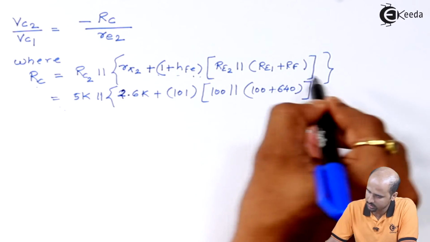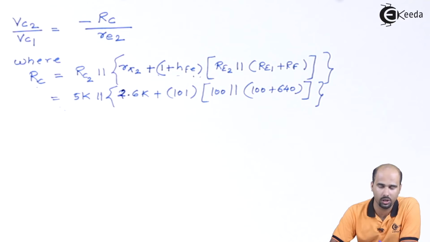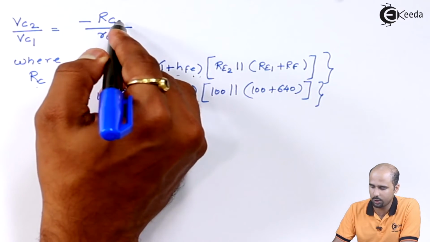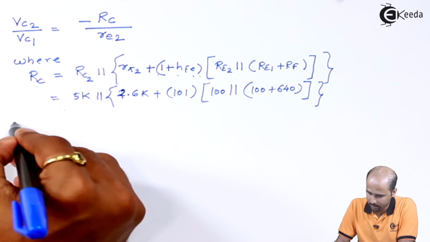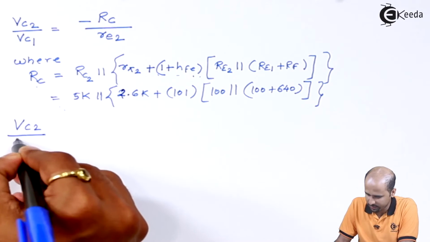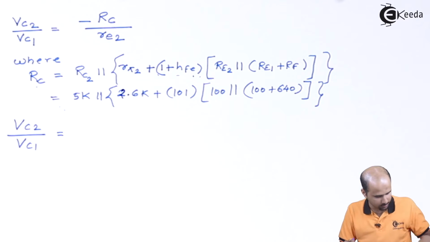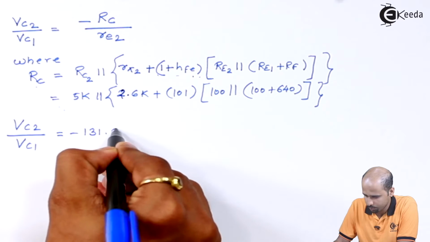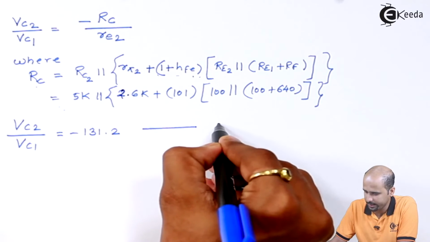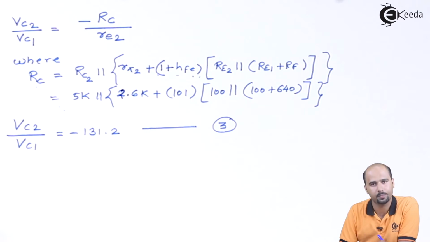Just calculate these values, check your calc is working or not, and then directly put this value in this particular formula. Whatever value that we'll be getting for VC2 divided by VC1, that is nothing but minus 131.2, and that we will treat as equation number 3.